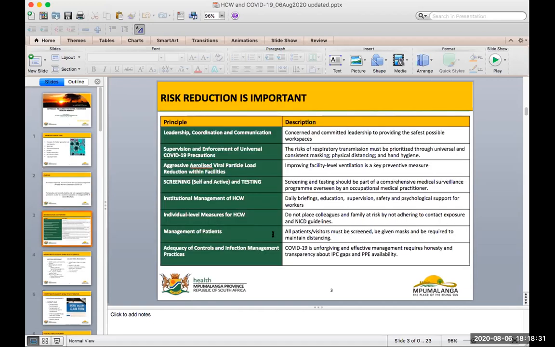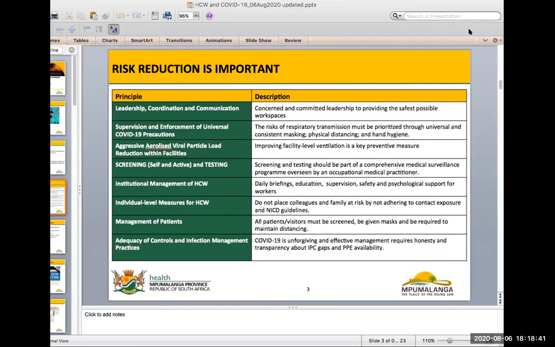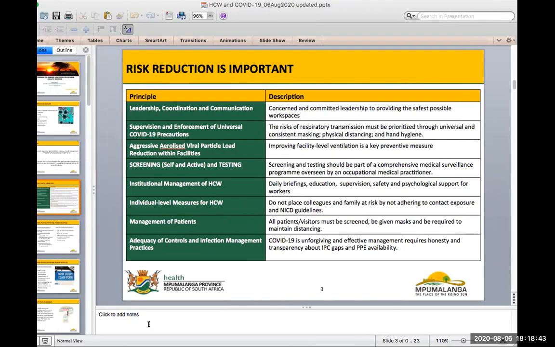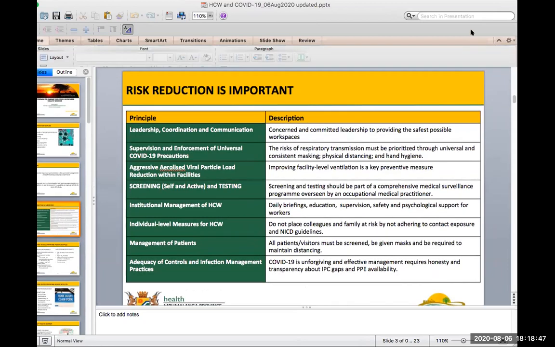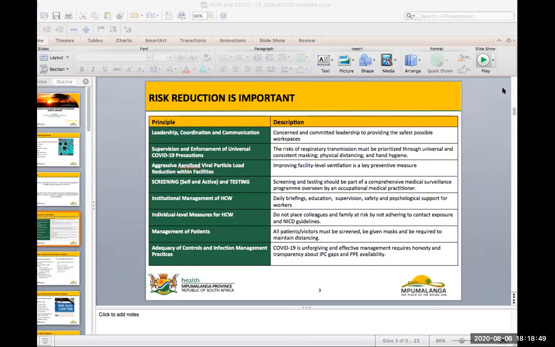Risk reduction plays a very... May you make your screen full screen? Your presentation, slideshow, click on that green arrow, slideshow, below. Yes, that green button. Is it better?